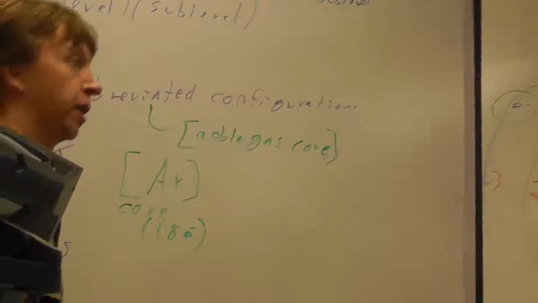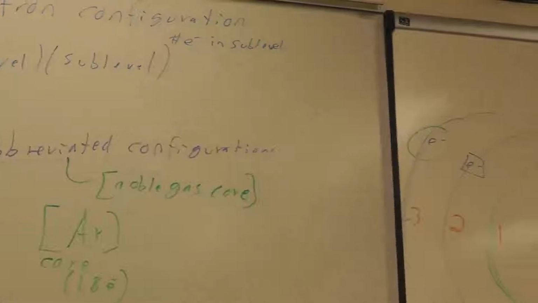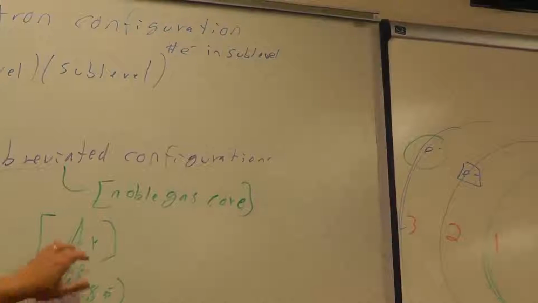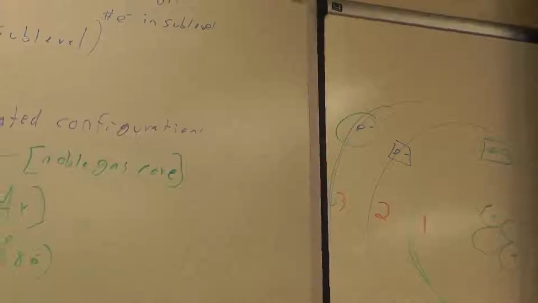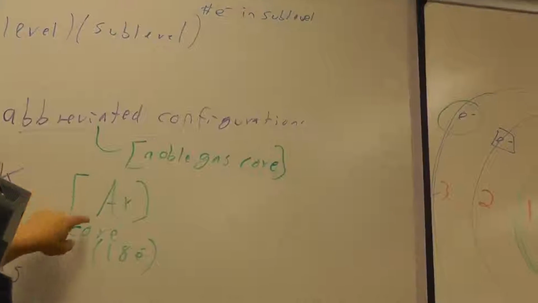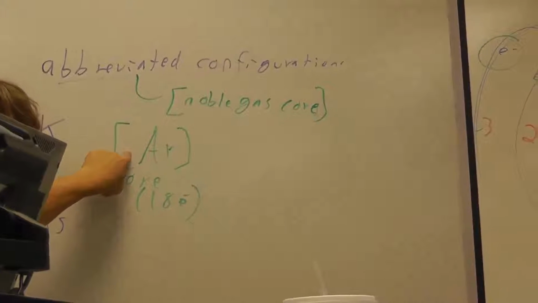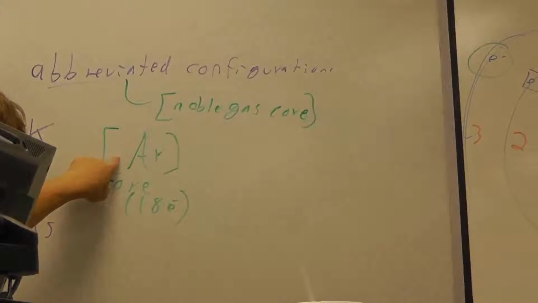And the key here is, you know that noble gases don't react. They don't form compounds. They're inert. And so the reason we're using the noble gases as our abbreviating tool is that we're indicating not only are these 18 electrons arranged just like argon, but they're every bit as unreactive as argon.